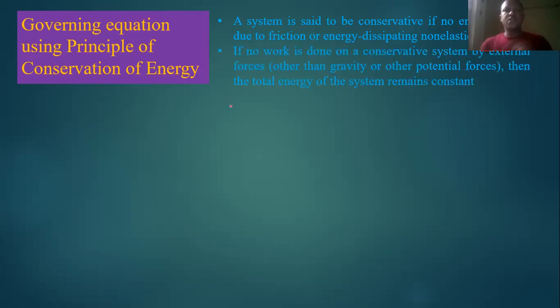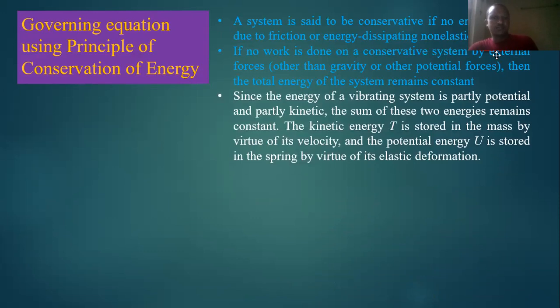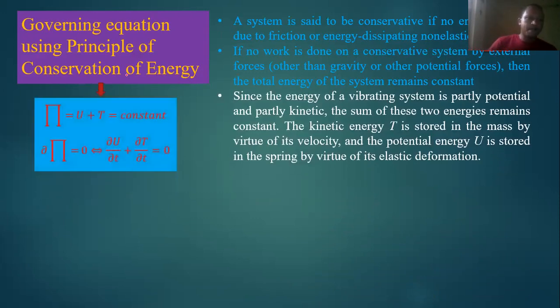If no work is done on a conservative system by external forces other than gravity or elastic potential forces, then the total energy of the system remains constant. That is the definition.